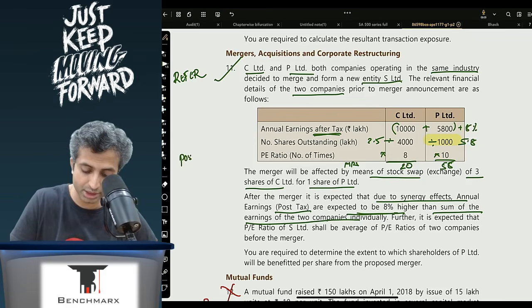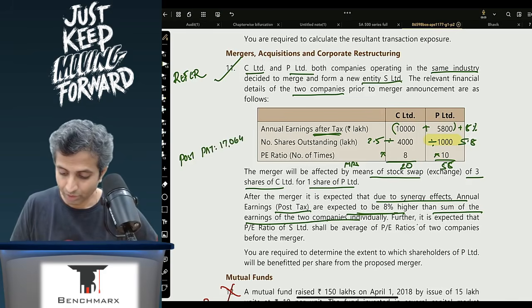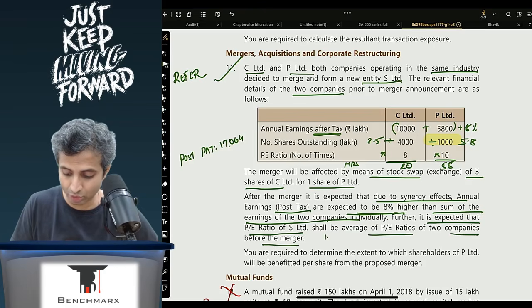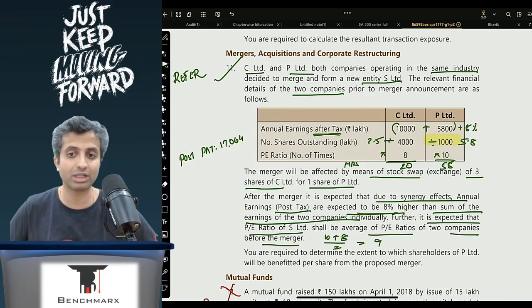So this is post PAT, 17,064. Further, it is expected that the P/E ratio of S shall be the average of the P/E ratios of the two companies before the merger. So this is 10 plus 8 divided by 2, and hence this comes to 9.